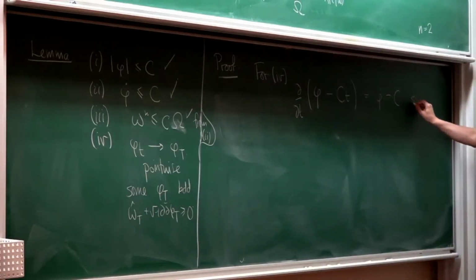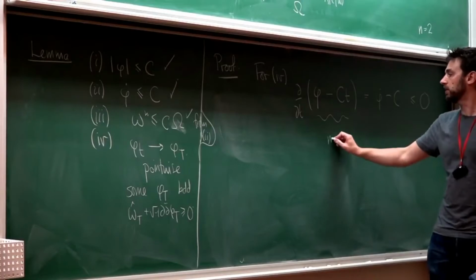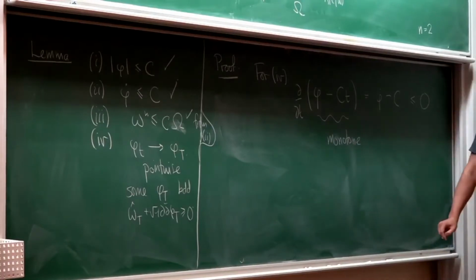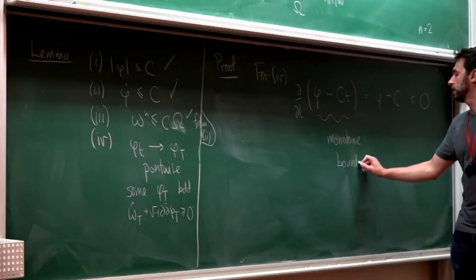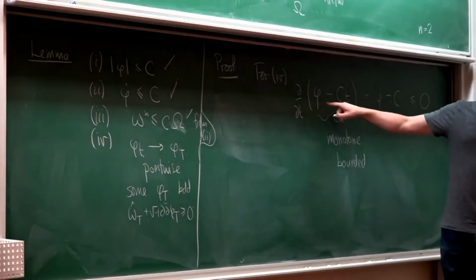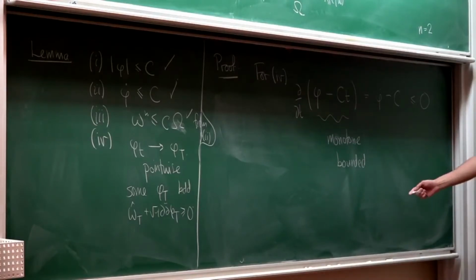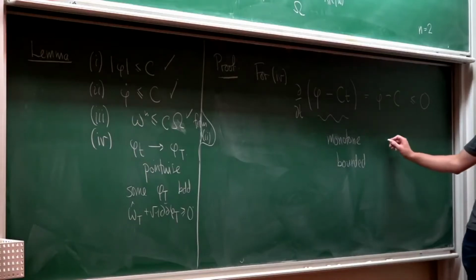It's less than 0. So that tells me that this quantity here is monotone decreasing. A monotone function which is bounded, because phi is bounded and t between 0 and capital T is bounded. Well, we know from Rudin, whatever, monotone bounded functions converge. So it converges.